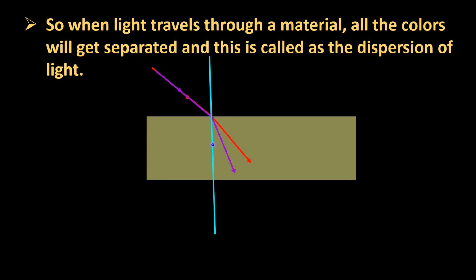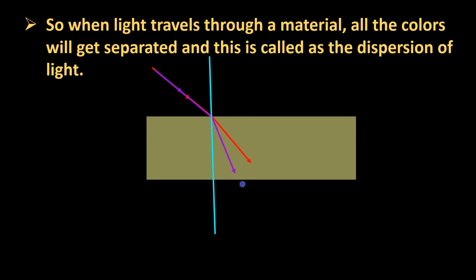That means the angles of refraction of different colors are different. So the angle of refraction of red light is more than the angle of refraction of violet color light. That's why the colors are getting separated when they are traveling in a material. But after traveling like this, we won't get a rainbow here. Why?